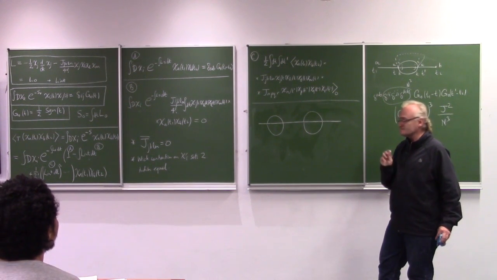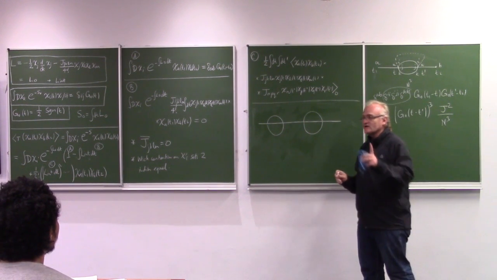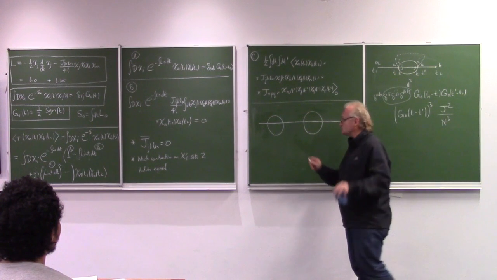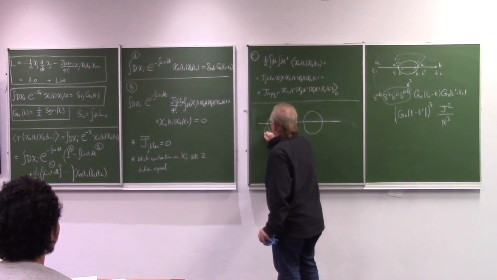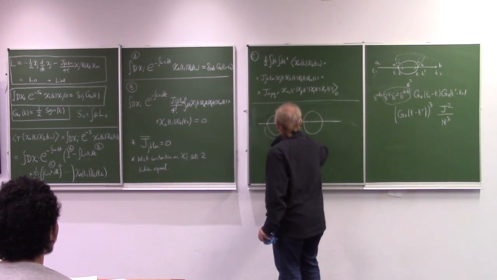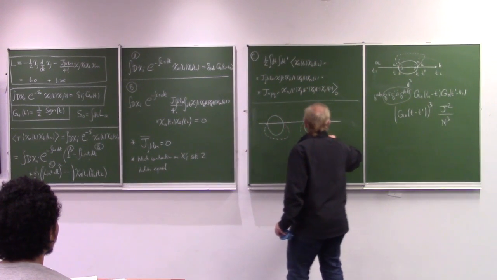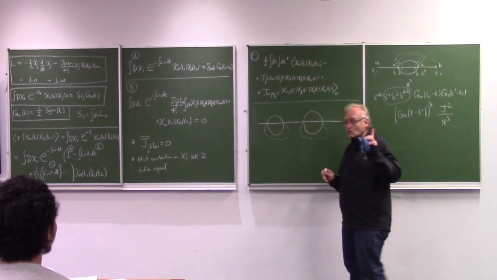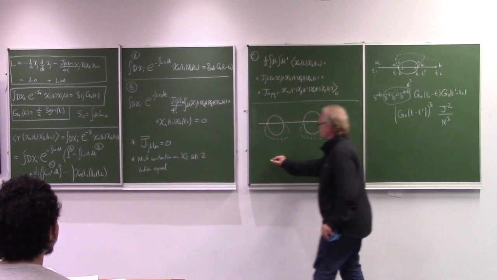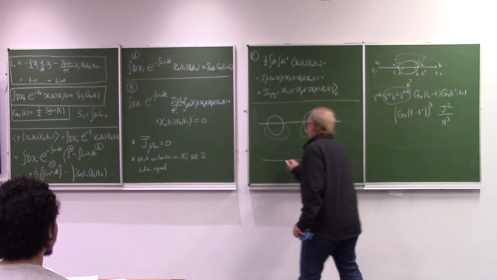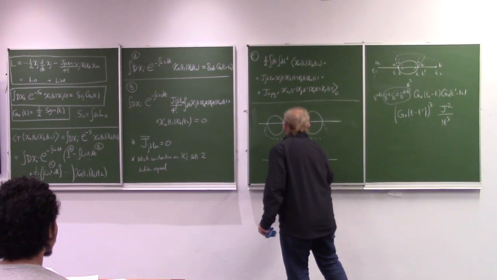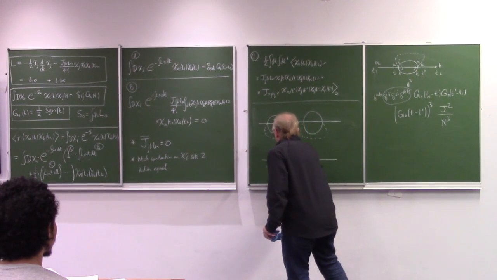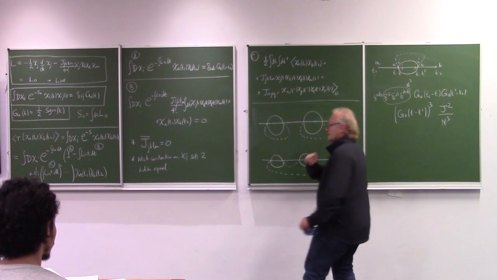But now we have this interesting case. When we do the disorder average, we could decide to pair the J's like this, or we could decide to pair the J's like that.